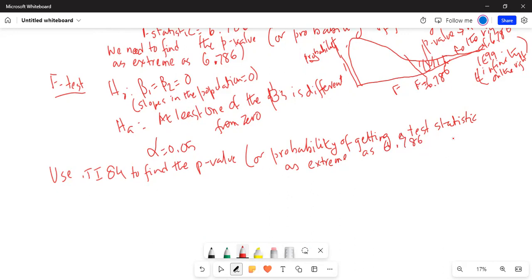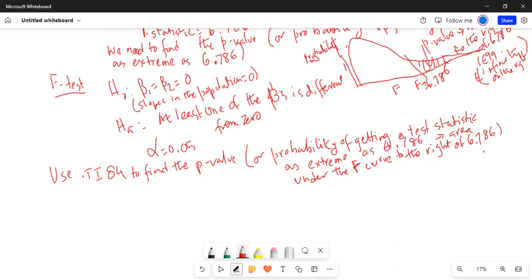That is the area under the F curve to the right of 6.786.